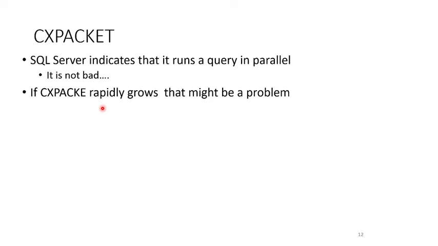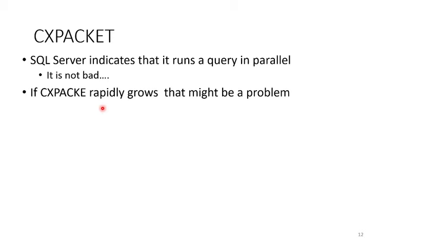So the CX packet means that SQL Server can run a query in parallel, which is not bad. But the problem is if you see that CX packet rapidly grows. If you see something like this, it means that SQL Server actually has a problem running in parallel.